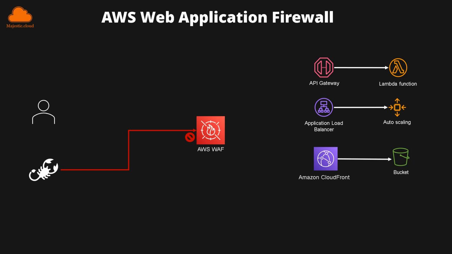So you will have to set up these rules, and there are different types of rules for all kinds of things. So for example, if you want to protect against SQL injections, there's a rule for that. If you want to protect against too many requests in a short interval of time, then you can do that as well. So let's actually look at this in the AWS console and see how we can set up AWS WAF.